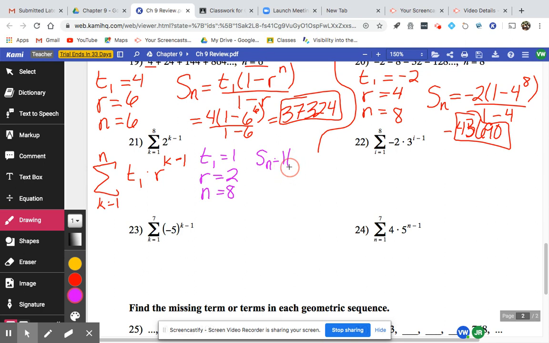So term 1 times 1 minus your rate to the n power over 1 minus your rate. Whenever you plug all of that into your calculator, and again, you may need to be a little bit more careful with that, you get 255.